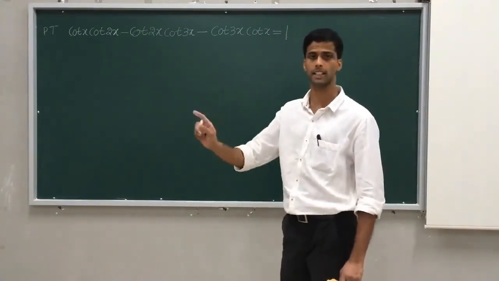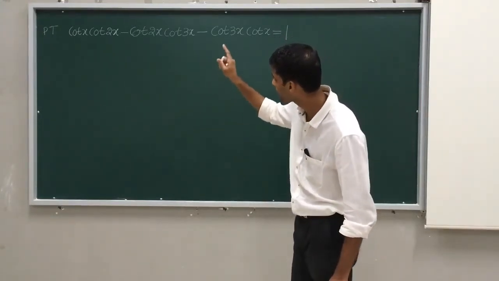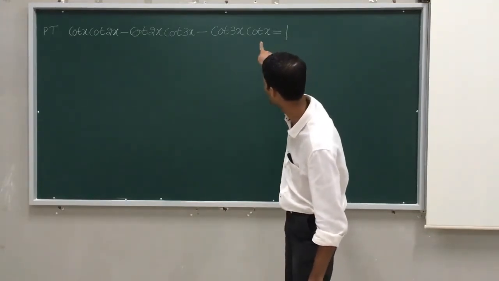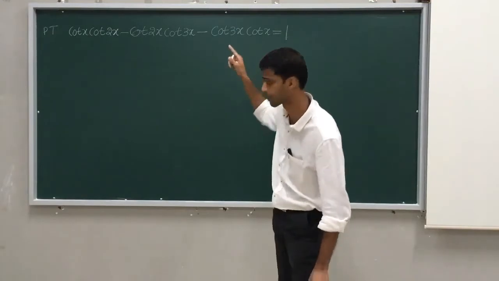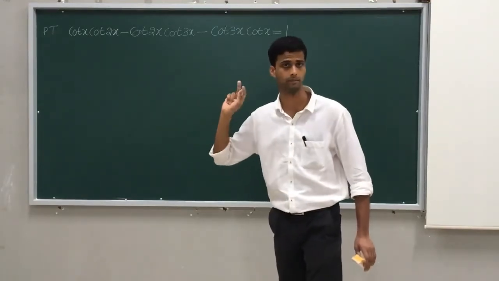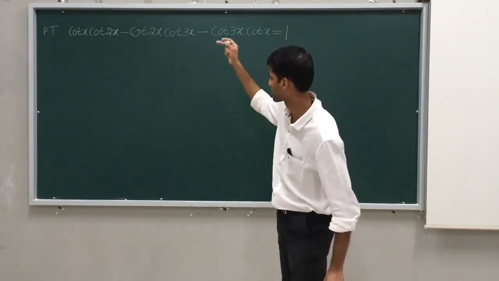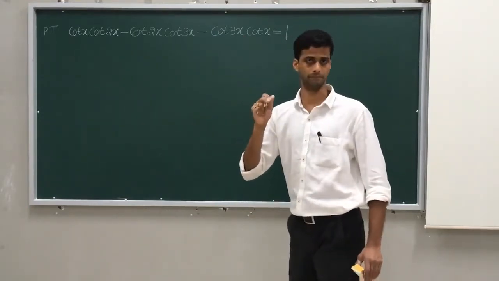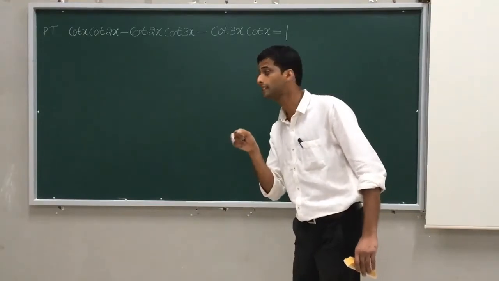One more expectation is that I want x, 2x, 3x. Everywhere you have x, 2x, 3x. There is no 4x, there is no square. We have x, 2x, 3x.